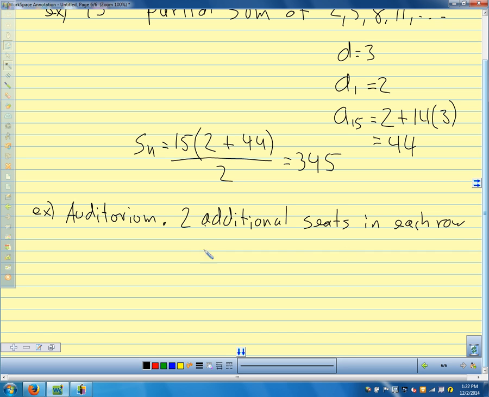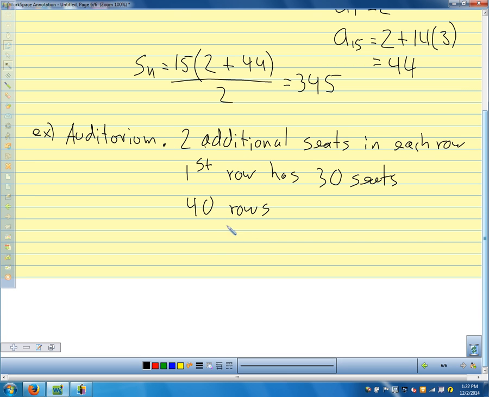And let's say the first row has 30 seats, and we have 40 rows. We want the capacity, how many seats, what is the capacity of the auditorium? So how could we set this problem up, using the ideas that we've just been talking about?